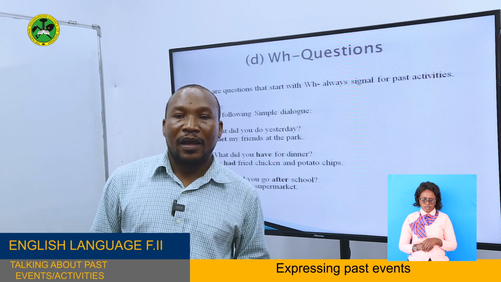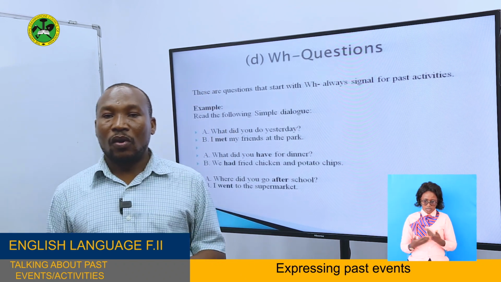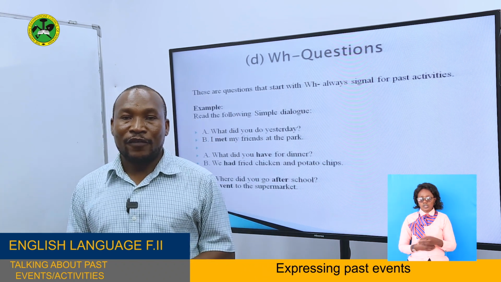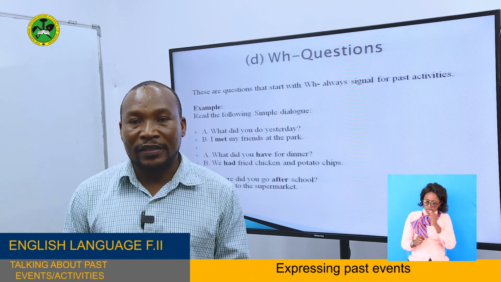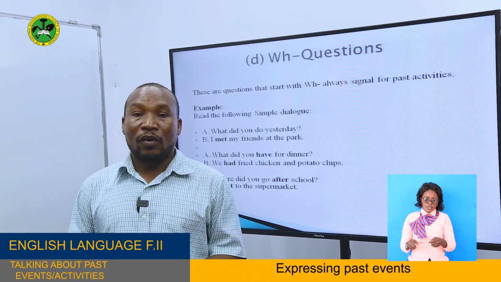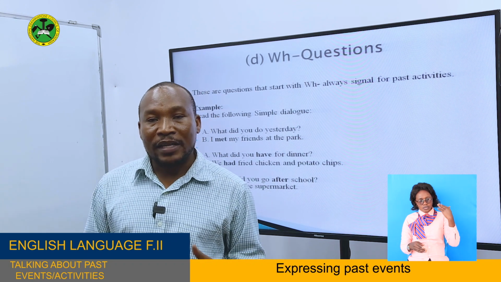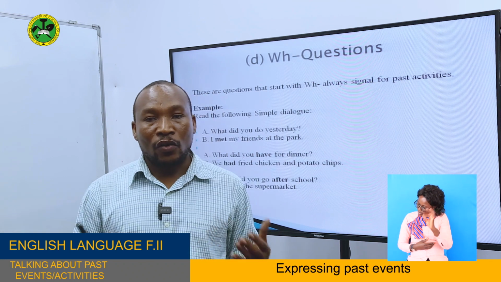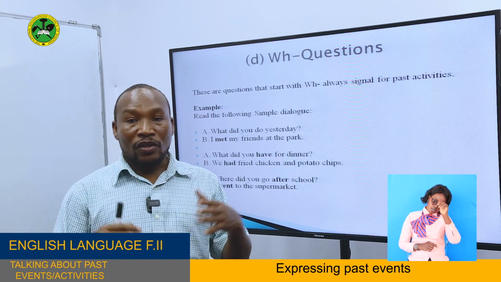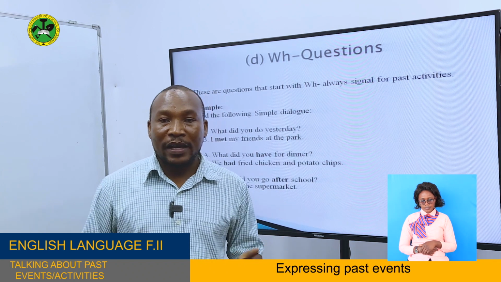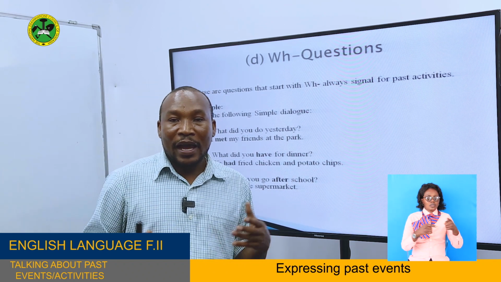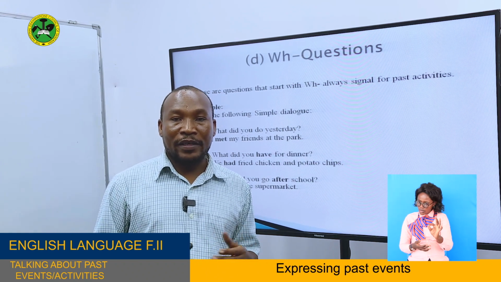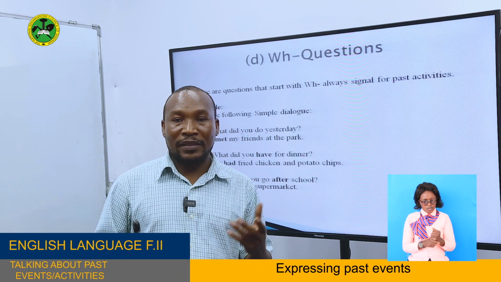Dear students, after we have seen how question tags help us to understand various activities or events that are of past tense, now try to construct your own question tags and also go through various question tags and see how they can help you to understand different activities of the past tense.